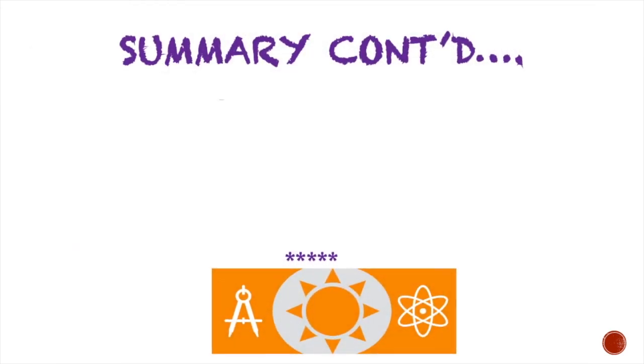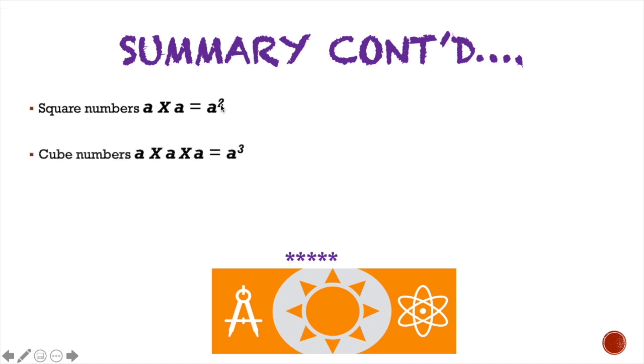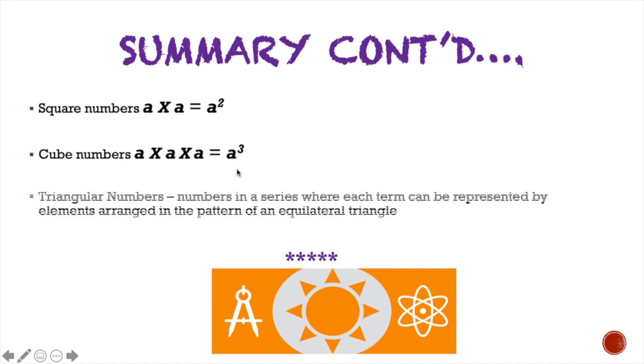We also talked about square numbers, and we said that multiplying a number by itself is what we call squaring the number. We talked about cube numbers, and we said when you multiply a number by itself twice, we get a cube number. We also talked about triangular numbers, and we said that triangular numbers are numbers in a series whereby each term can be represented by a grid of elements set up in the form of an equilateral triangle.